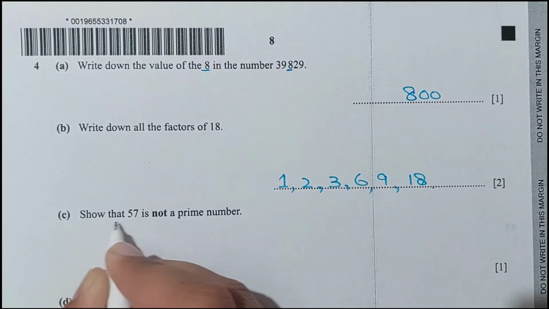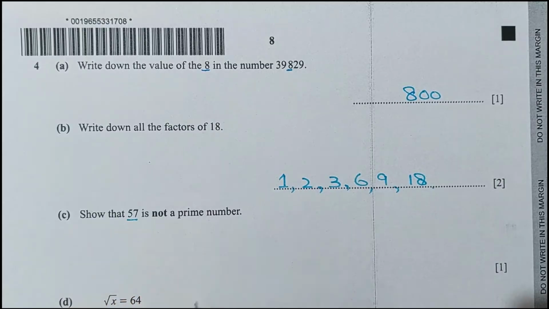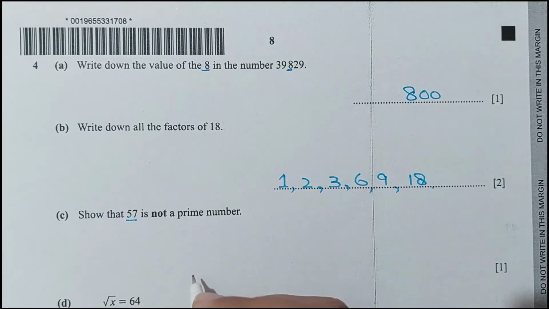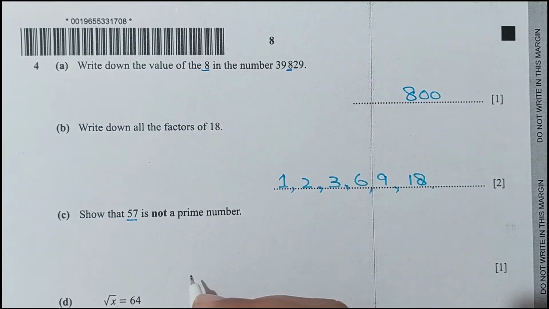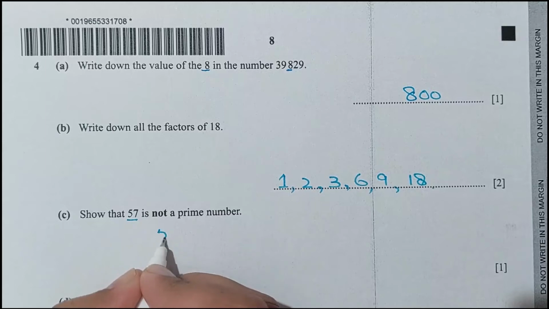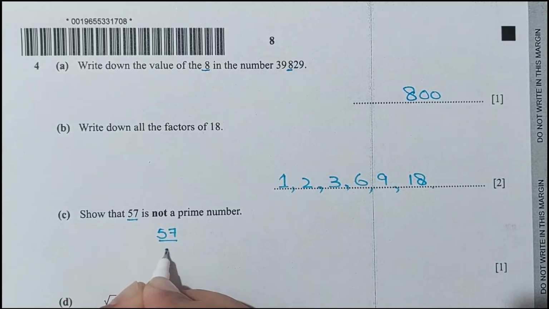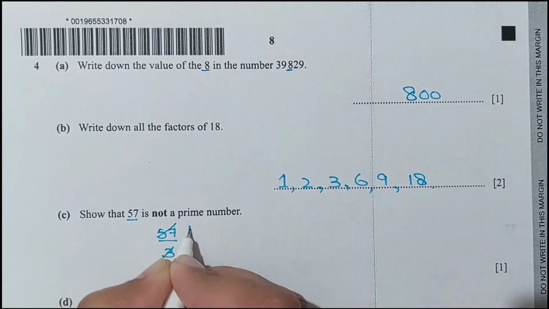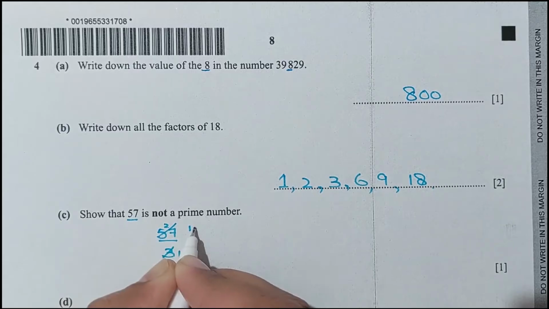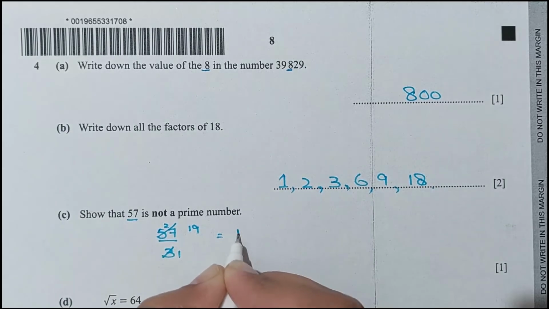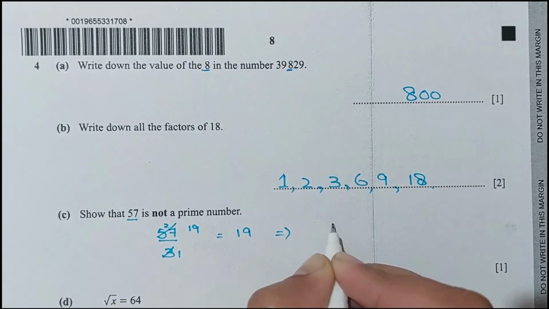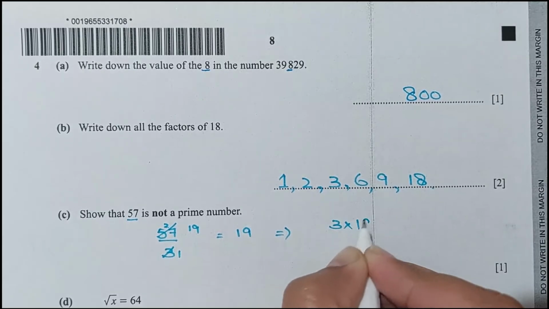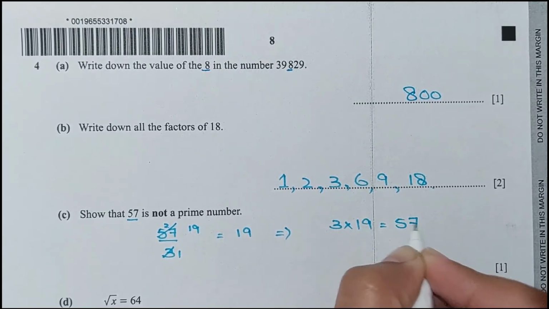Part C, show that 57 is not a prime number. If 57 is not a prime number, then it has more than 2 factors. 57 is divisible by 3, let's say. 3 times 19 is 57.